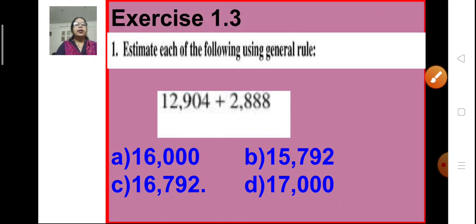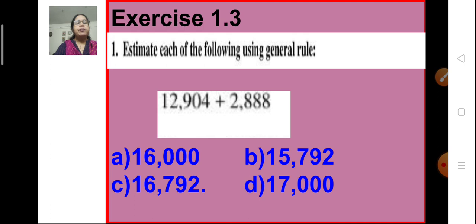Now, exercise 1.3, we will take some of the questions from exercise 1.3. So what is the first problem? Estimate each of the following using general rule. Here the numbers are 12,904 plus 2,888. We have to round off the numbers and find their sum. 4 options are given.